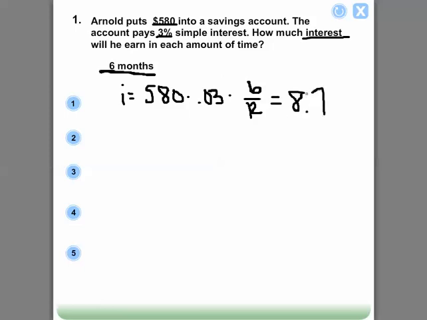Step 4 is to state our answer. So Arnold makes $8.70 interest in 6 months. Go ahead and try the rest of these on your own. Good luck!